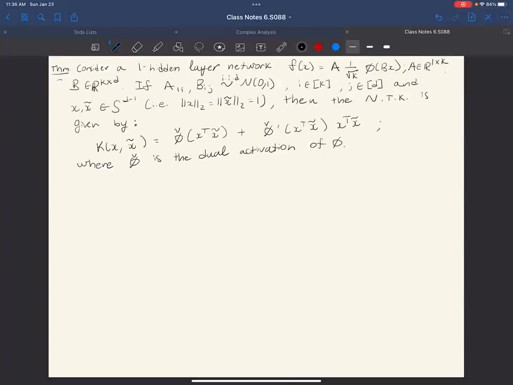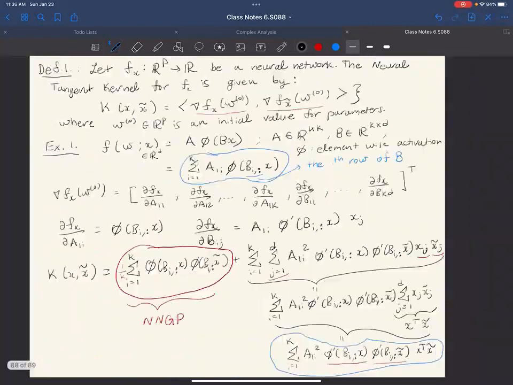Okay, so we've basically done the proof, but let's just write it out carefully again. Following the previous computation, what you should be able to see is that k of x, x tilde, remember, is just this inner product with respect to these initialization values, w naught.